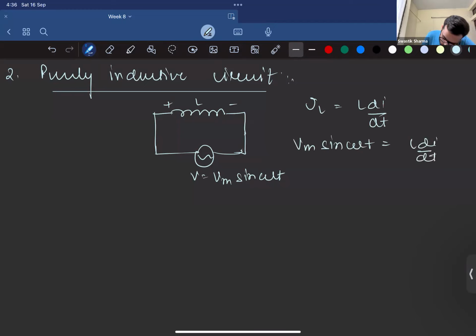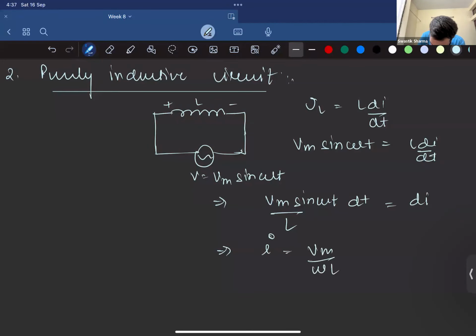So if you do the whole analysis, sine omega t dt by L equals di, integrate both sides, I will come out to be Vm upon omega L cos omega t with a minus sign, right? Is it correct? Yes or no?